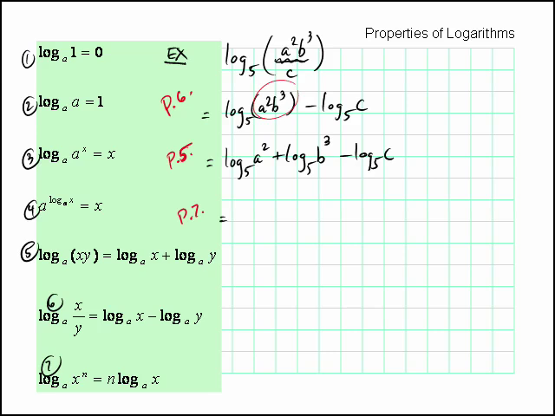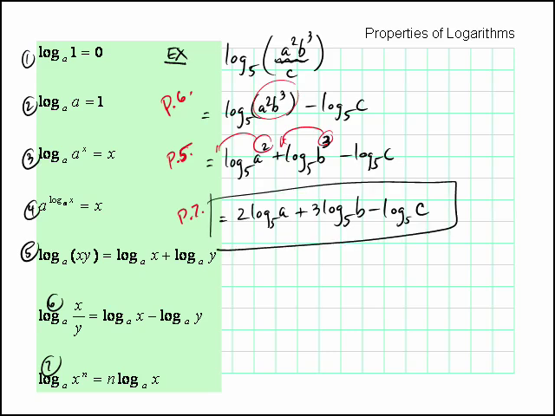And property 7 is the one that allows us to take these exponents and move them to the front. And I have 2 log a plus 3 log b minus the log of c. And there is my result right there.